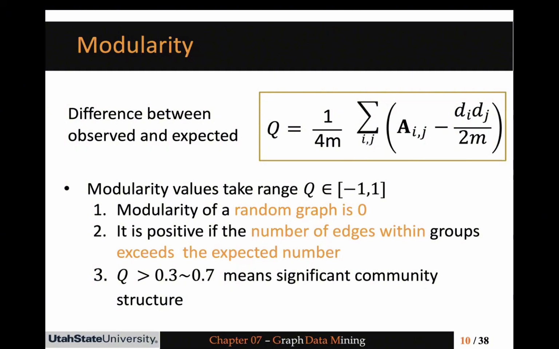It is positive if the actual number of edges that exist in your groups or communities exceeds the expected number, or probability of existence of those edges, in your null model, which is the right-hand side that I'm highlighting here. So Q is good, meaning there are significant communities in your graph, if Q is greater than 0.3 all the way to 0.7, or even greater than that. We talk about strong modularity, and therefore significant community structures exist in your graph.